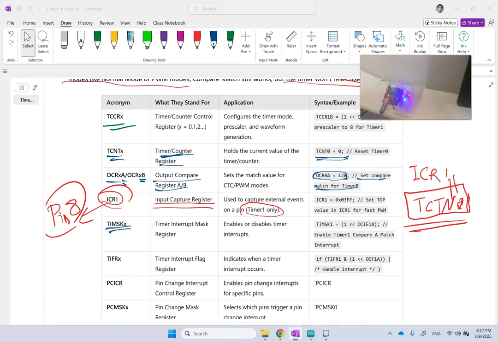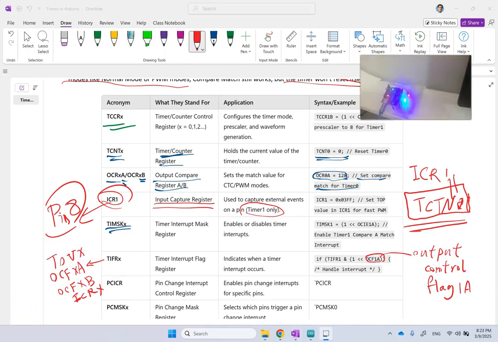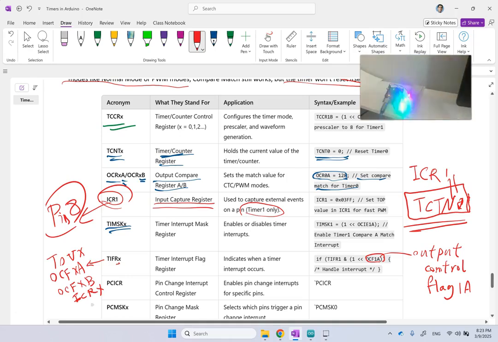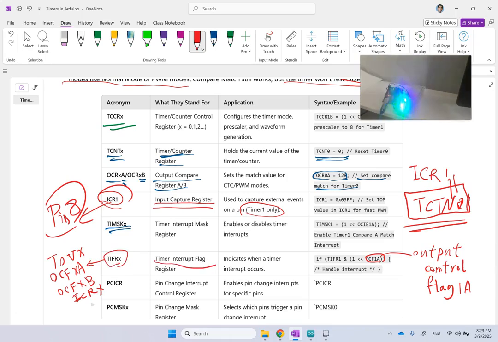Very, very important. Okay, so I talked about TIMSKx. Now TIFRx, which is basically the timer interrupt flag register. It has several bits, so it's not just one bit. It's a register, and the important bits of it are TOVx, OCFx A and B, and ICFx. ICR is this input capture register.